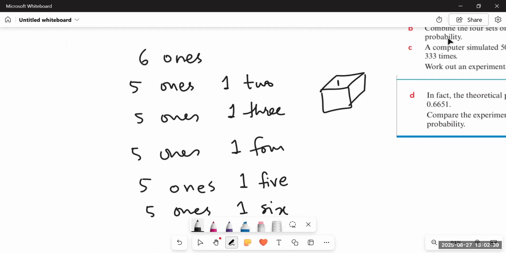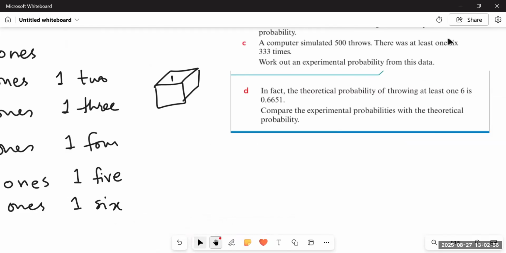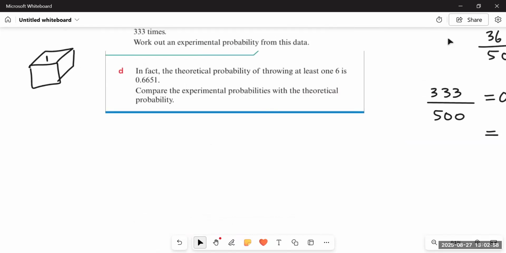Then 4 showing ones and the other showing 2. The other showing 2 each, and 4 showing 1 and the other 2 showing 3, and likewise. So there would be multiple and multiple and multiple times of theoretical probability. It's not possible for us to calculate the theoretical probability in just a few minutes.